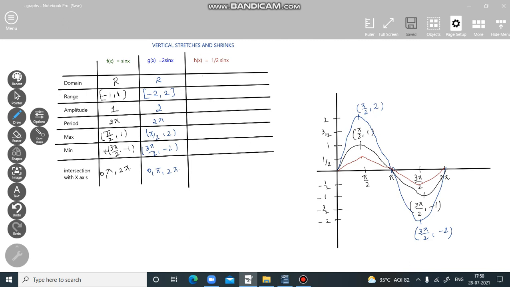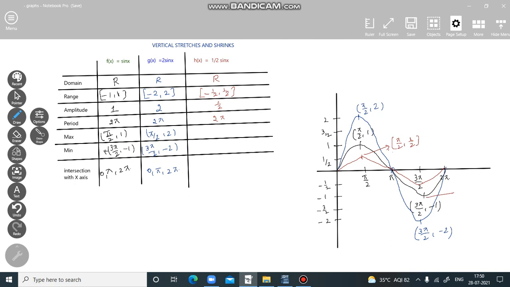Let us now fill in the domain, range, etc. for this. The domain will still be the set of real numbers. The range will be -half to +half, both inclusive. Amplitude will be half. Period will be the same, 2 pi. The maximum is reached at pi by 2 comma half. I will write it outside because it is difficult to show it there.